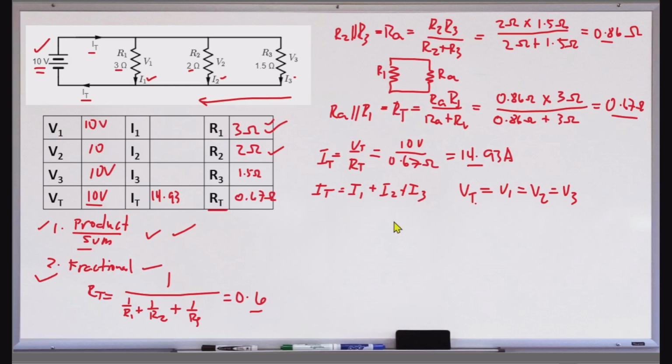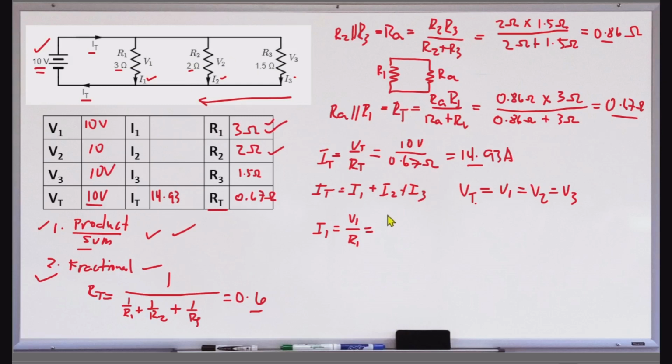Now, we need to resolve for the individual current. Let's resolve first for I sub 1. So I sub 1 is equal to V sub 1 divided by R sub 1. Now, let's plug in the value for V sub 1. As I told you before, the total voltage is equal to the individual voltage across the parallel circuit.